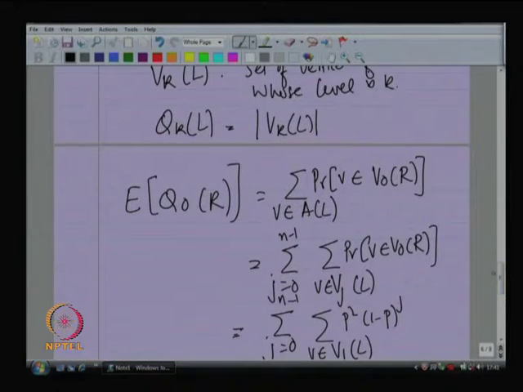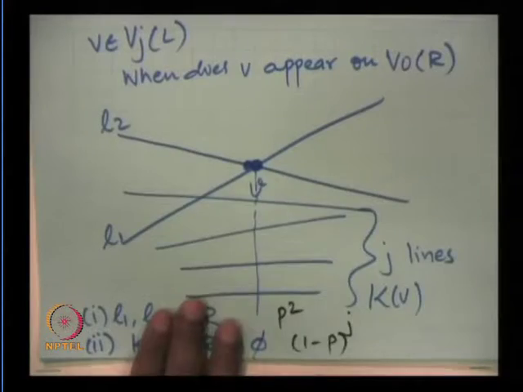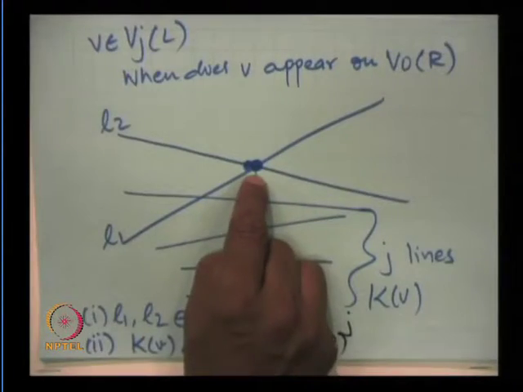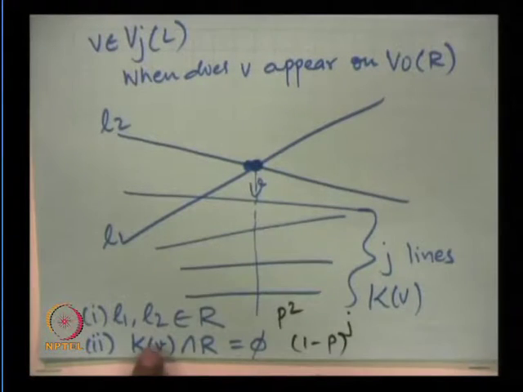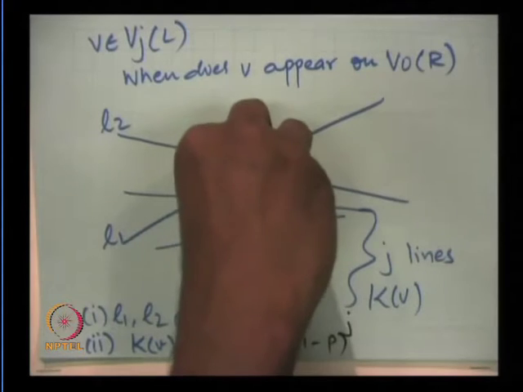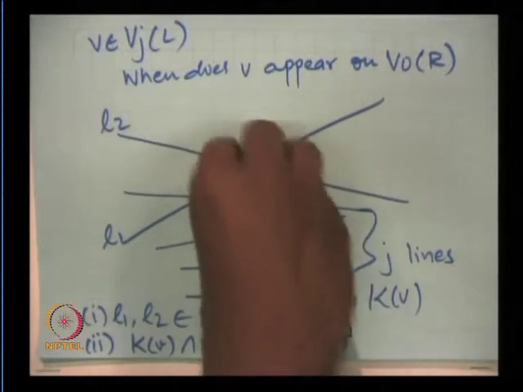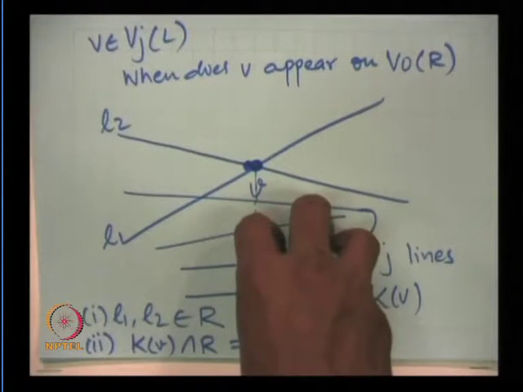So, notice what I did here. I never used the fact that these were lines. The only thing I used to bound this quantity was that these two things were true: that I tried to count the number of vertices, and these vertices were intersection points of two lines, two objects, and the probability was that these two objects should have been chosen and the killing set should not have been chosen.